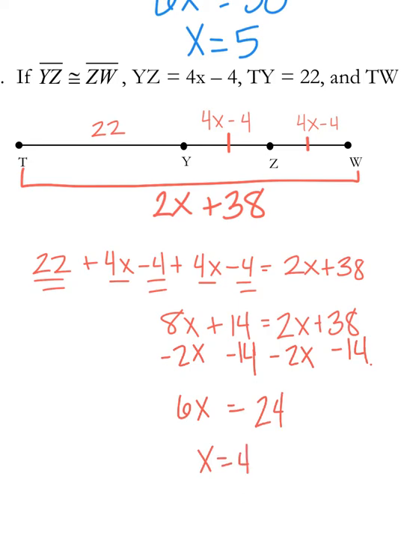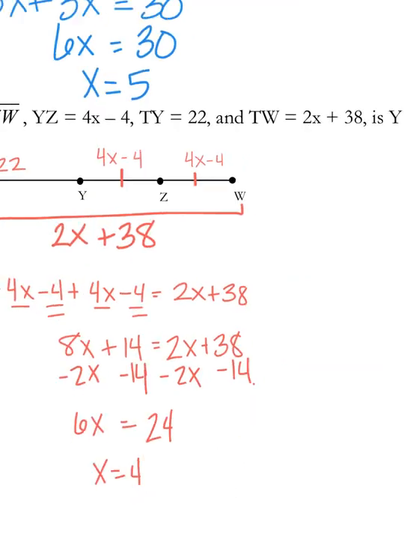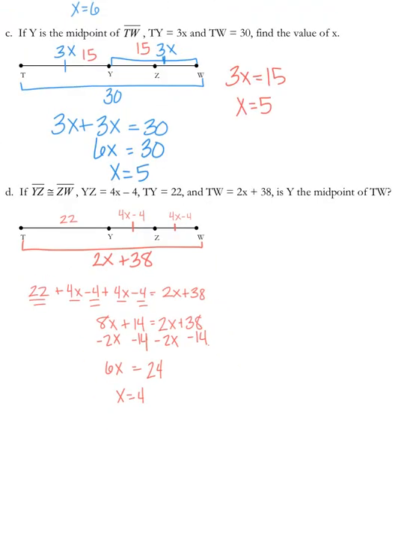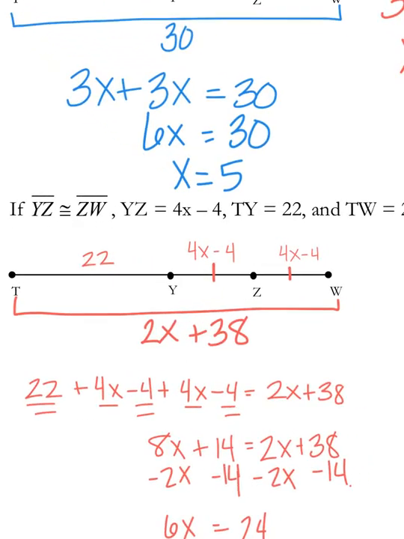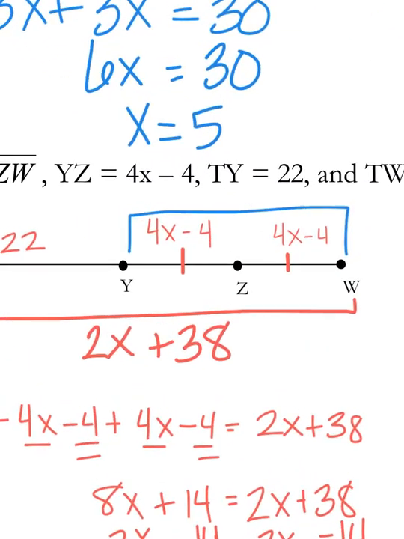So now I'm not done because I have to plug it in. I have to answer my question. My question is, is Y the midpoint of TW? So now I already know TY is 22. I need to figure out what this length is. There we go. So I know that x is 4.